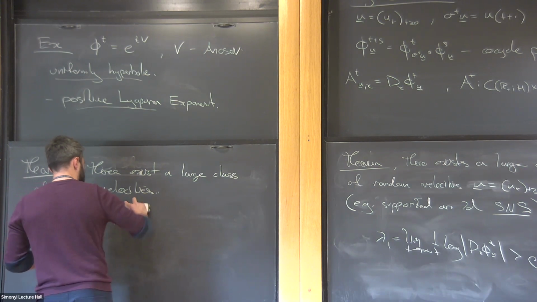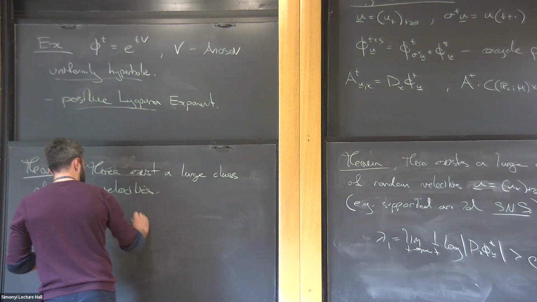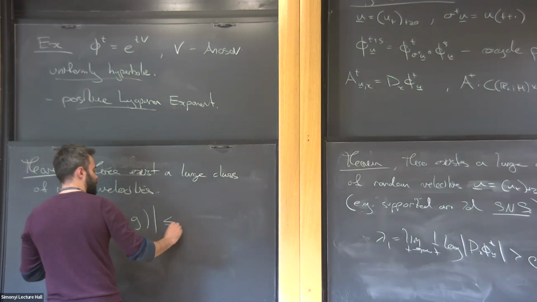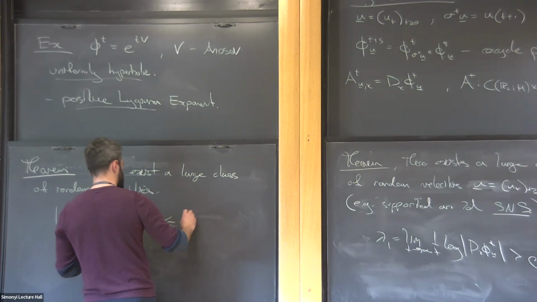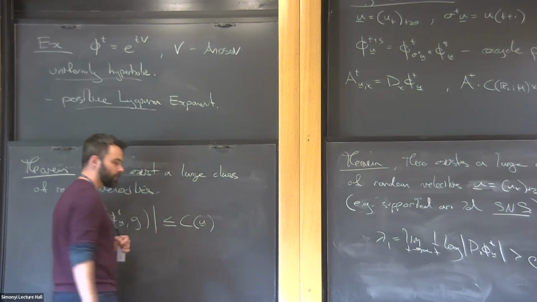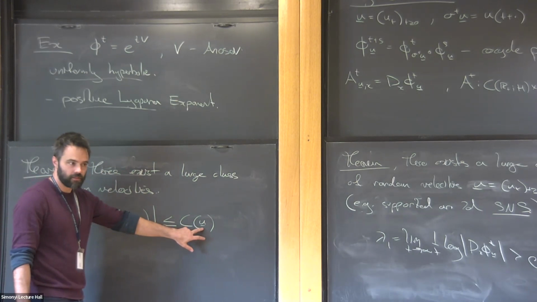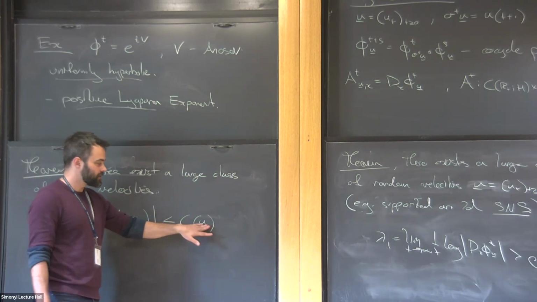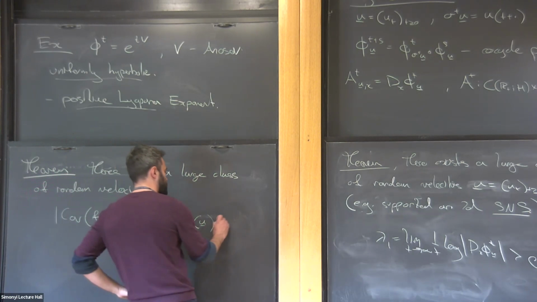But I want to be extra clear about that, because this might be referred to as quenched mixing or quenched correlation decay. So there in particular, I'm going to make it explicit. There is a constant which is random or depends on the entire, and in fact the way it's constructed depends on the entire future of the velocity path.